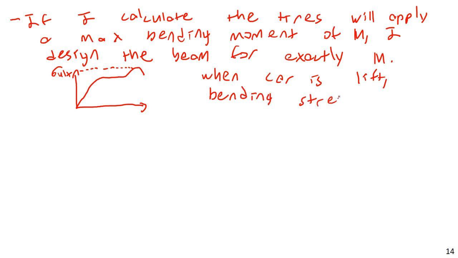So in other words, the entire cross section will be fully engaged, and the beam will be at its maximum stress. Any higher stress and this thing will actually fracture. Bending stress is at ultimate, is at maximum. And I do the same thing for shear and for the column.